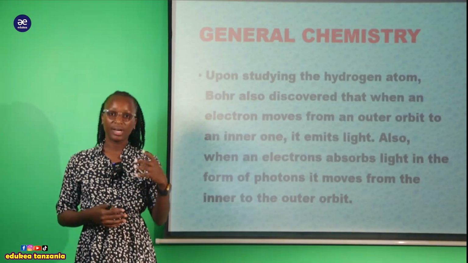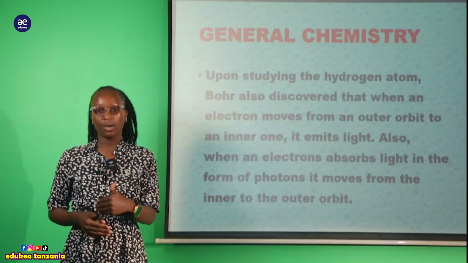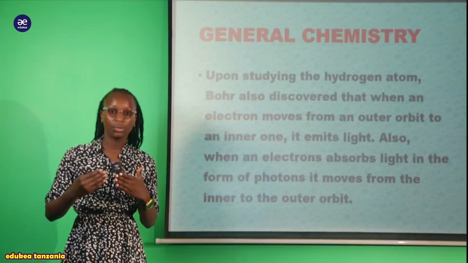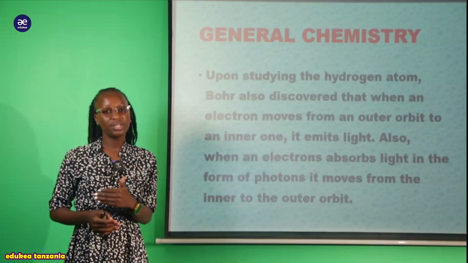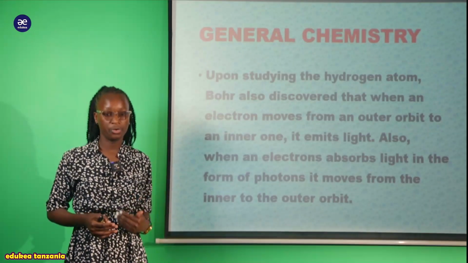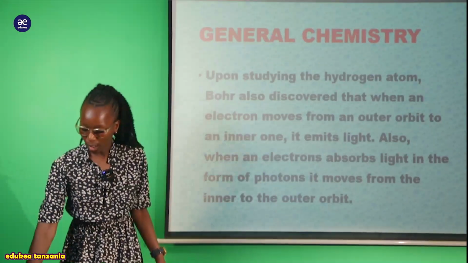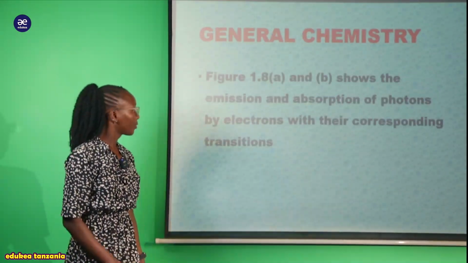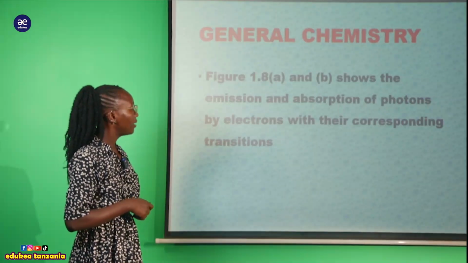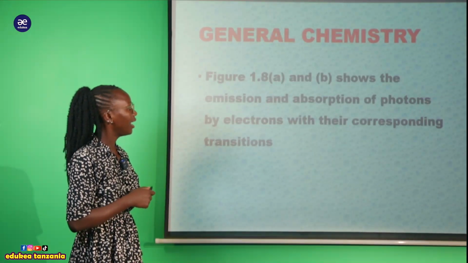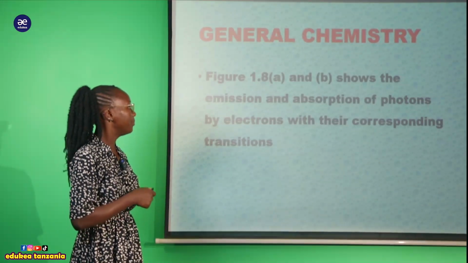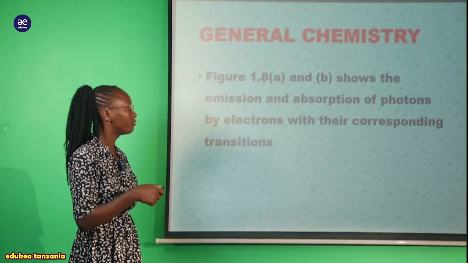Hii ni just introduction ambayo itatusaidia baadaye, kwa sababu hii concept ina maswali ya calculations. Kwa hiyo zile calculation lazima tuelewe huku vitu vidogo vidogo. Okay. So you can see that figure 1.8 A and B show the emission and absorption of photons.